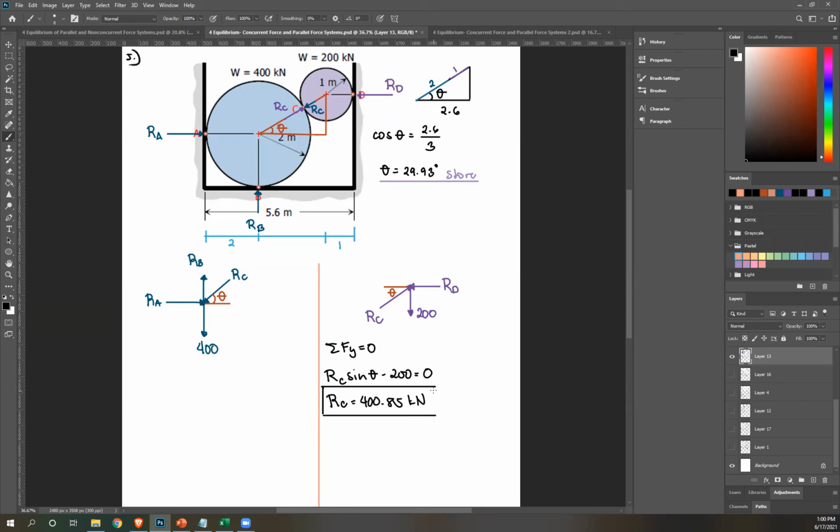Next, continue with summation of forces x equals 0. RC to the right, RC cosine theta minus RD equals 0. Please solve what's RD. It's 347.94. It's correct, Rafaela and Pamela.